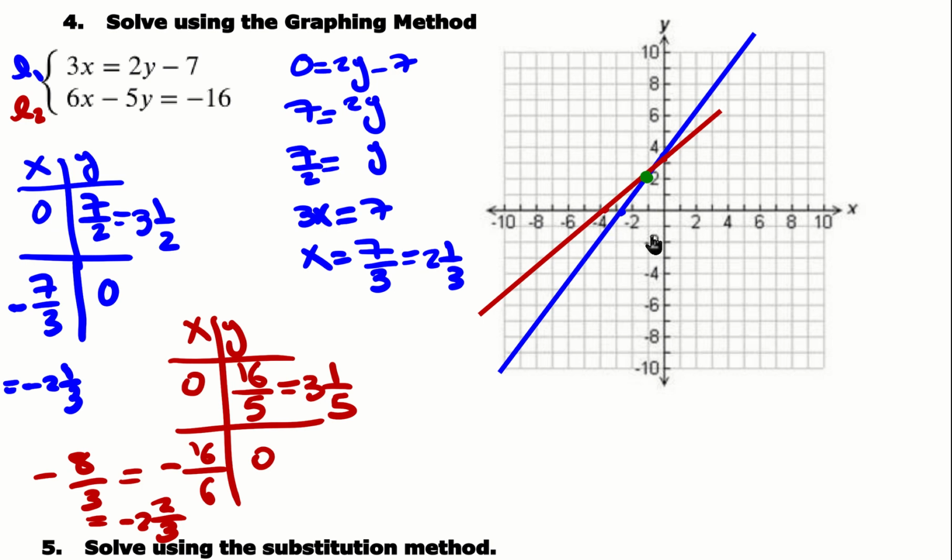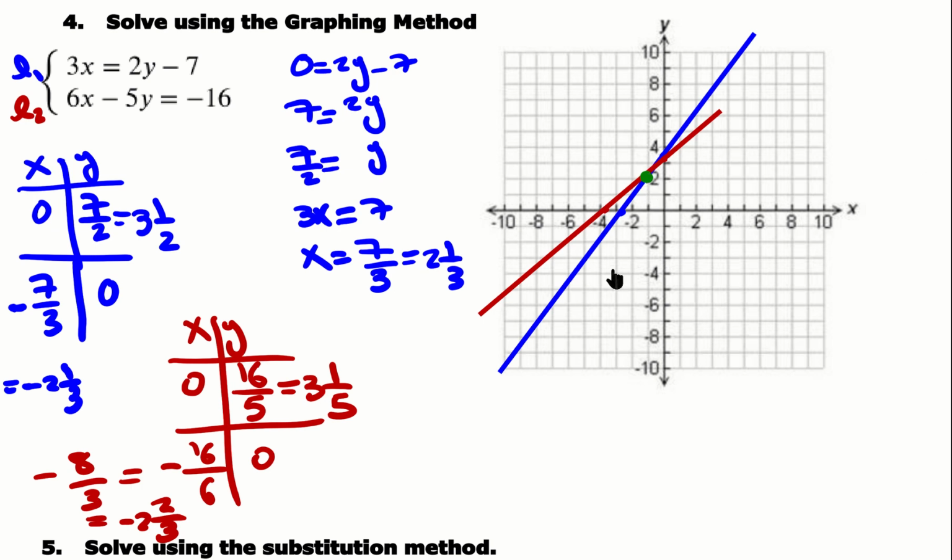So my picture here is not perfect, so make sure that your drawing is as accurate as it can be, and we should be able to get a good solution by looking at the point of intersection, which looks to be around negative 1, 2.